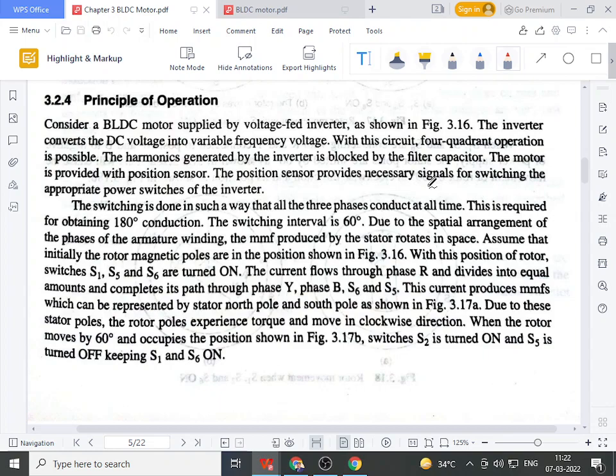Therefore, along with the BLDC motor, certain rotor position sensing should be implemented or should be present along with that BLDC machine. So in a modern BLDC motor, these rotor position sensors, which are generally Hall effect sensors, are embedded in the BLDC motor itself.